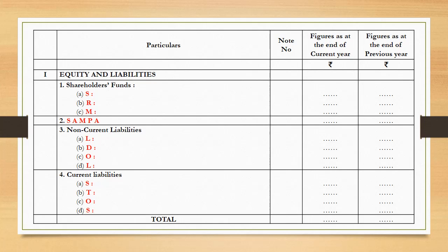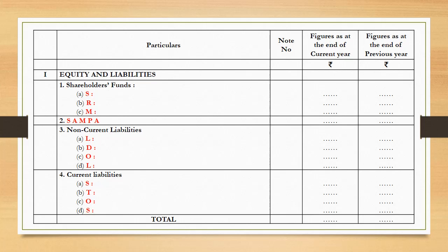Third, non-current liability. For non-current liability, I would like you to remember the word as DOLL, D-O-L-L. We can see that it starts from L, but yes, to memorize it in an easy way, we can have it like D-O-L-L: start with second D, third is O, fourth is L, and again first is L.